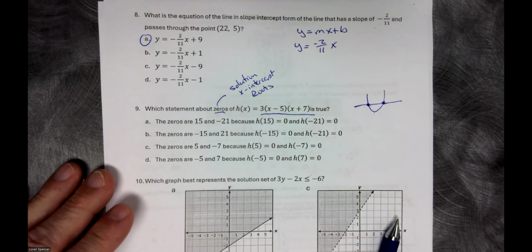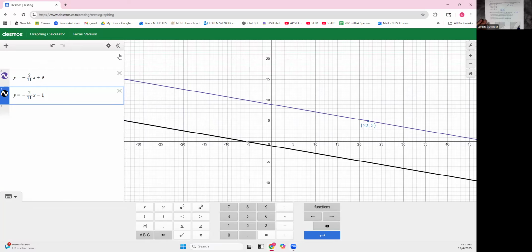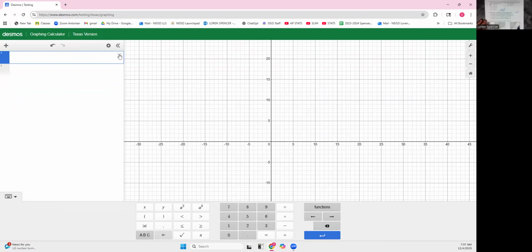So we're going back to share our screen. And 3 parentheses x minus 5, then close parentheses, x plus 7, close those parentheses.